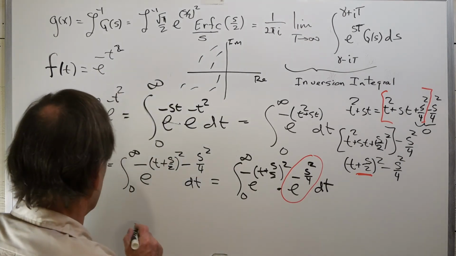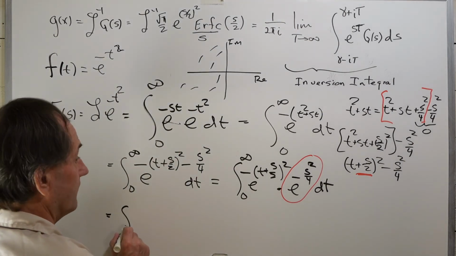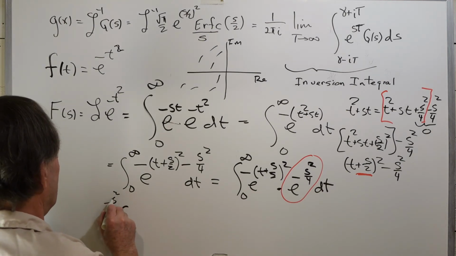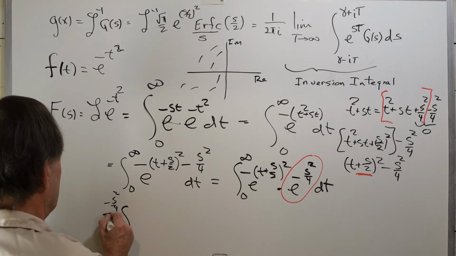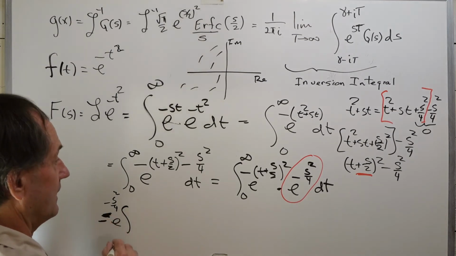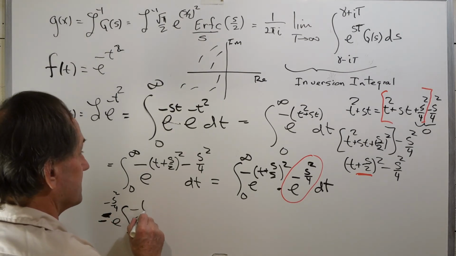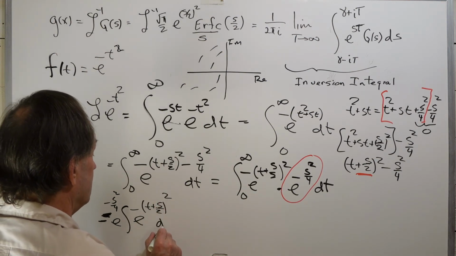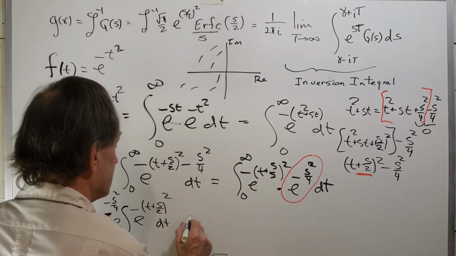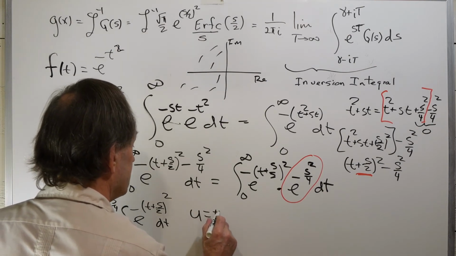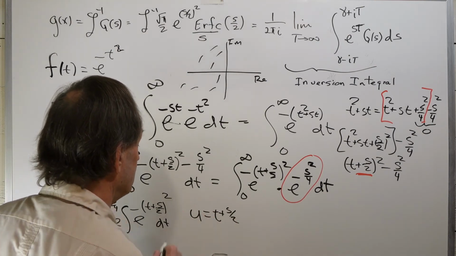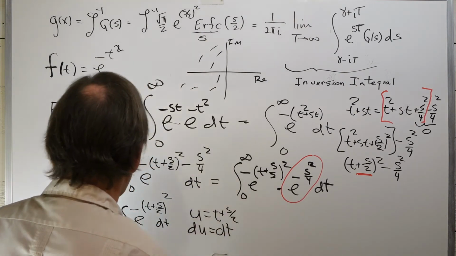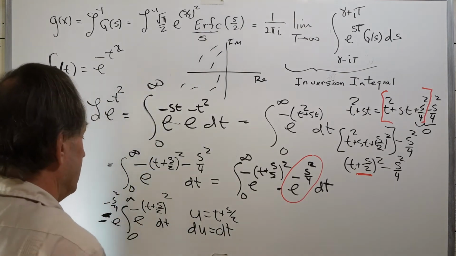So we end up with e to the minus s squared over 4 times the integral of e to the minus t plus s over 2 quantity squared dt. Now we make a substitution. u equals t plus s over 2, so du will be equal to dt. And this is from 0 to infinity.